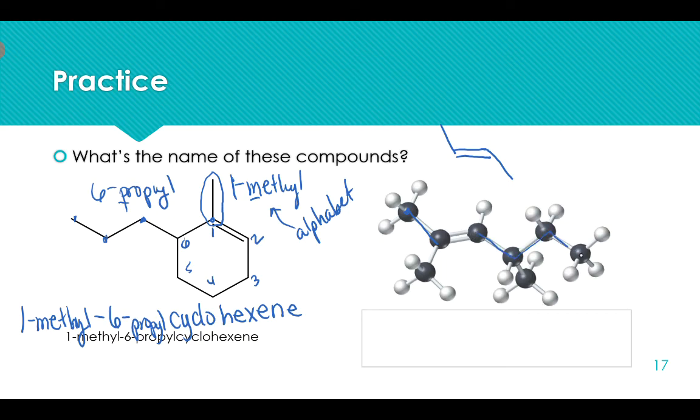Then 2 more carbons. And then there is a methyl off of that, and a methyl off of that. You could also do a condensed structural formula if you like.